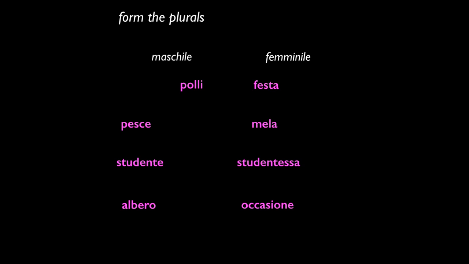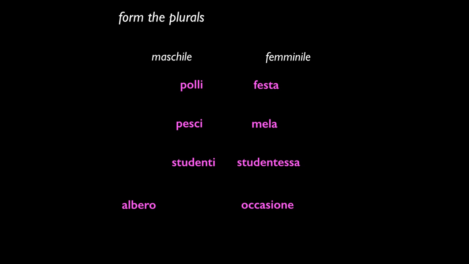Okay, what about pesce? There we go, some fish. This becomes pesci. There you go. The E in the masculine singular turns into an I. Also in the feminine singular, remember. Studente, that's easy, that's an E, so that will become an I. There we go.